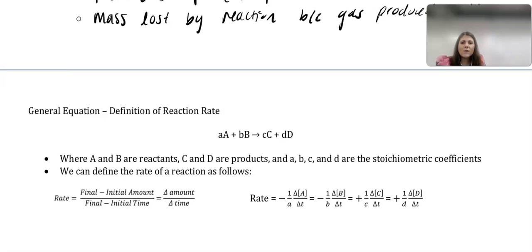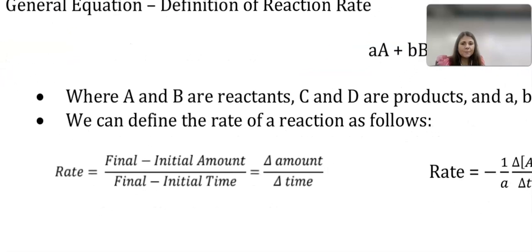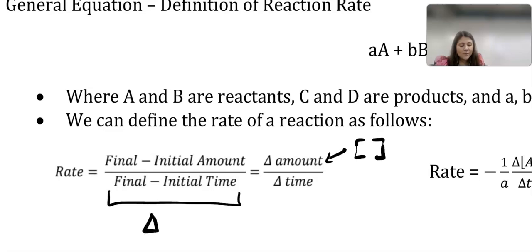So we can actually define the rate of the reaction in two ways. The first way is taking the final minus initial amount. And here, that amount is referenced towards concentration, as we had mentioned previously. I do want to note, when we do final minus initial, that's what that delta means.